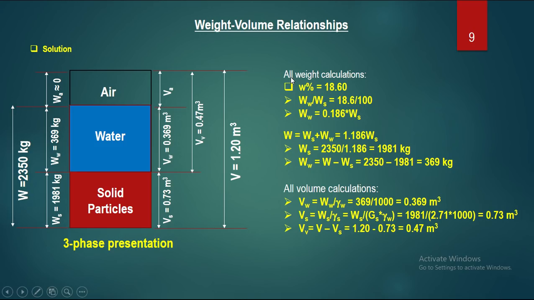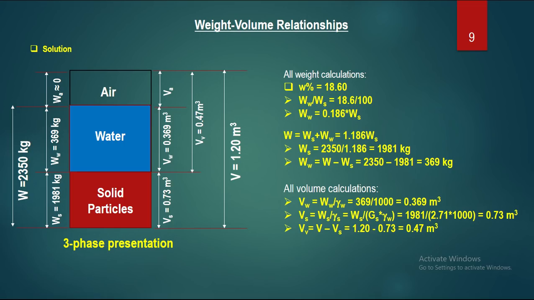So let us do the weight calculations first. What you will always do when you get a problem like this is fill in all the values in your three-phase presentation. Here in the problem, you are given only two values, that is volume 1.2 cubic meter and the total weight 32350 kg. But you are not given the volume of solid, volume of water, volume of void, and weight of solid, weight of water, or there is no question of weight of air.